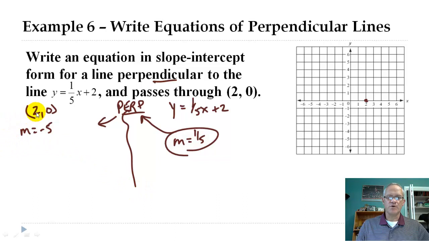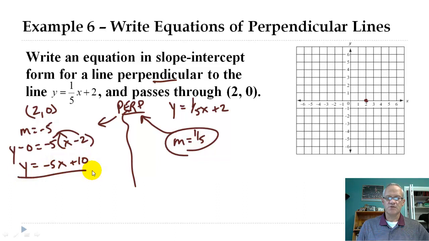Now I have a point and a slope, so I can write the point-slope form. So y minus 0 equals m, -5 times x minus 2. The 0 can just drop, so y equals, and then distribute, -5x plus 10 would be our equation there.